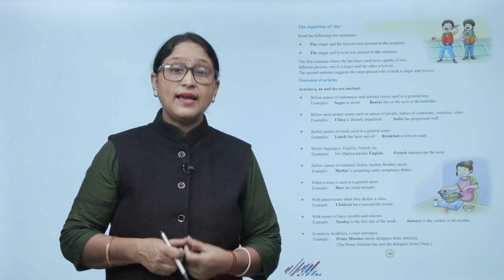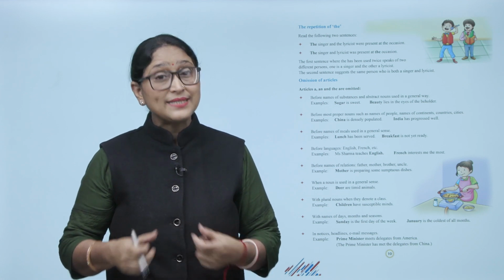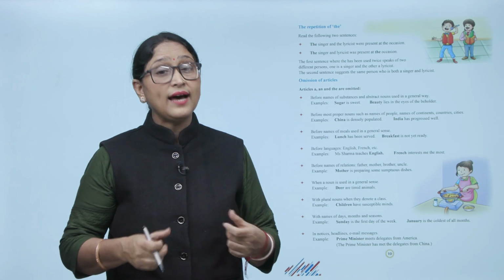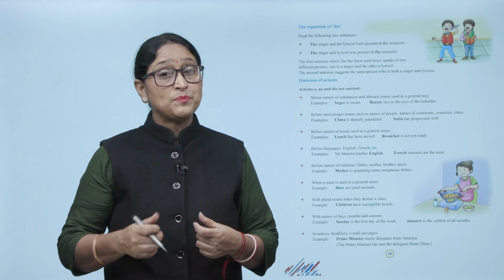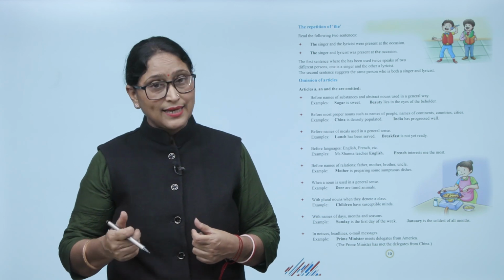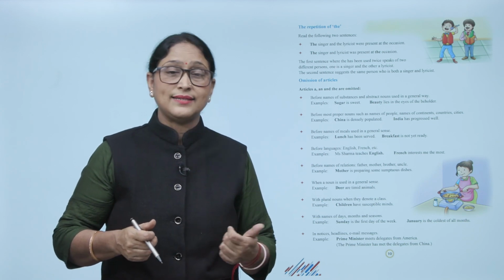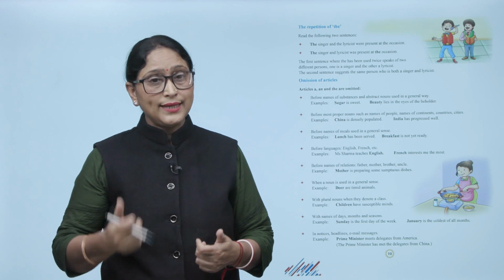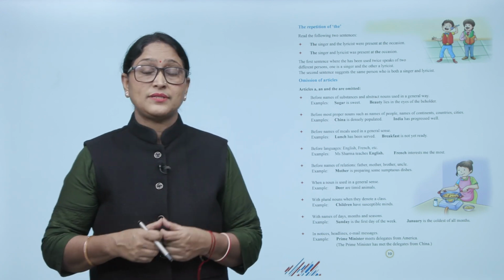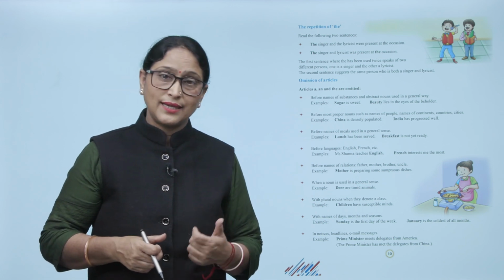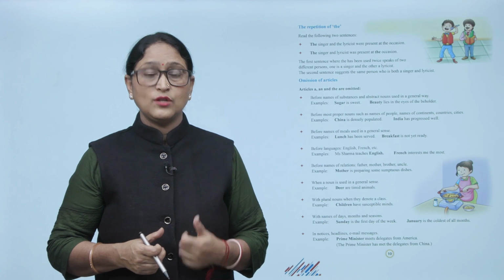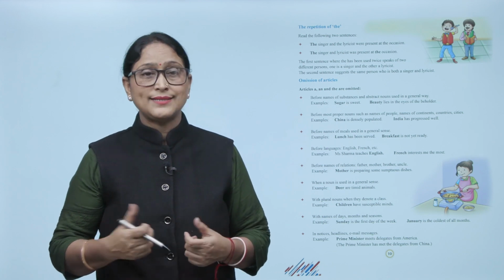The singer and lyricist was present at the occasion. The first sentence, where the has been used twice, speaks of two different persons. One is a singer and the other a lyricist. एक singer है और एक lyricist है. The second sentence suggests the same person who is both a singer and lyricist. Second sentence में क्या है? एक ही person, singer भी है और lyricist भी है.